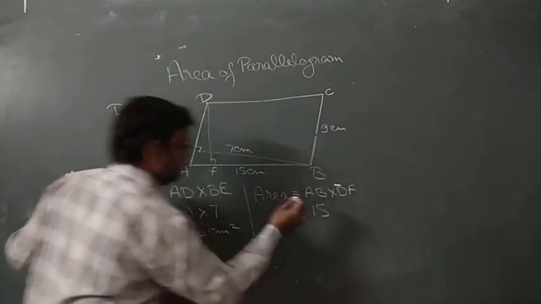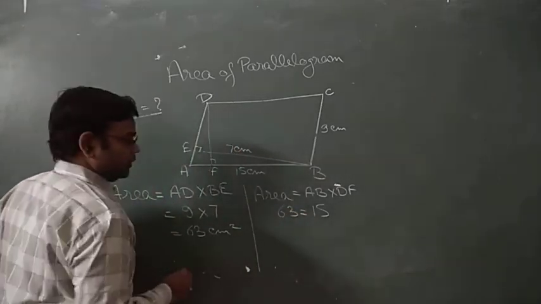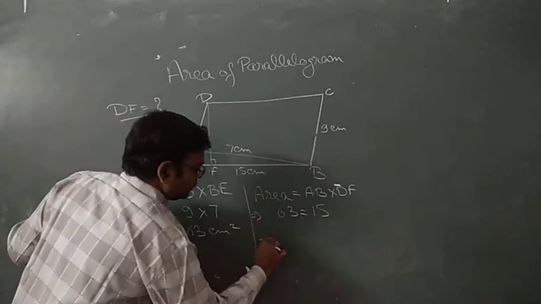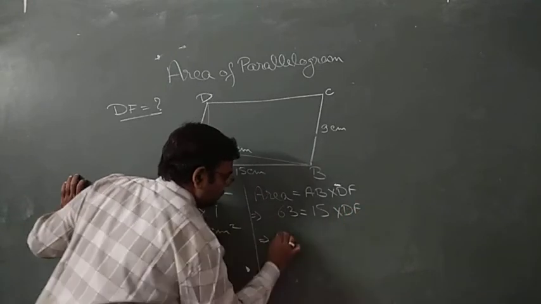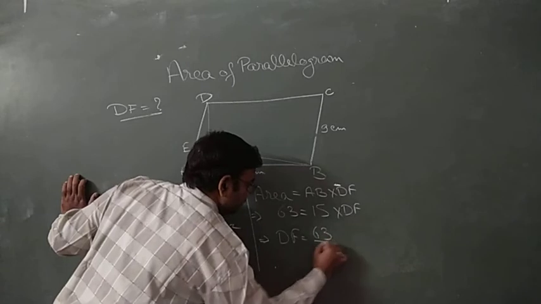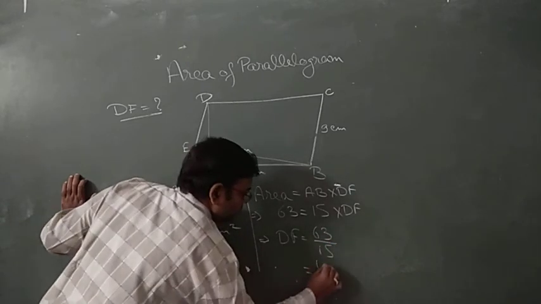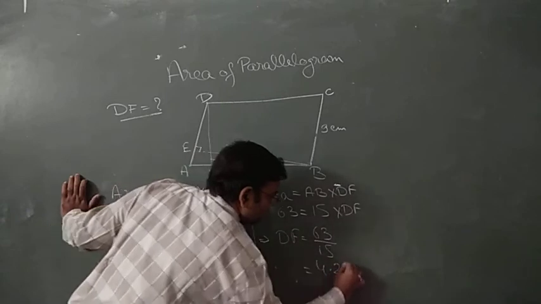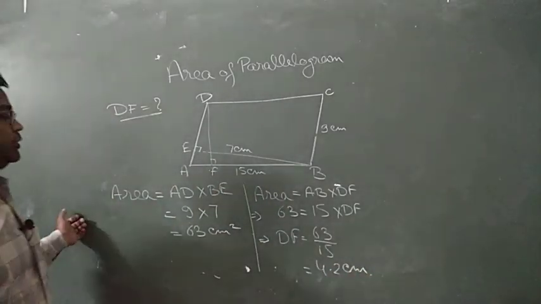We don't know the value of DF. The area is 63, we just now found it. So into DF. Therefore DF equals 63 upon 15. It's 4.2. 15 fours are 60. 4.2 centimeter. This is the solution of this type of question.